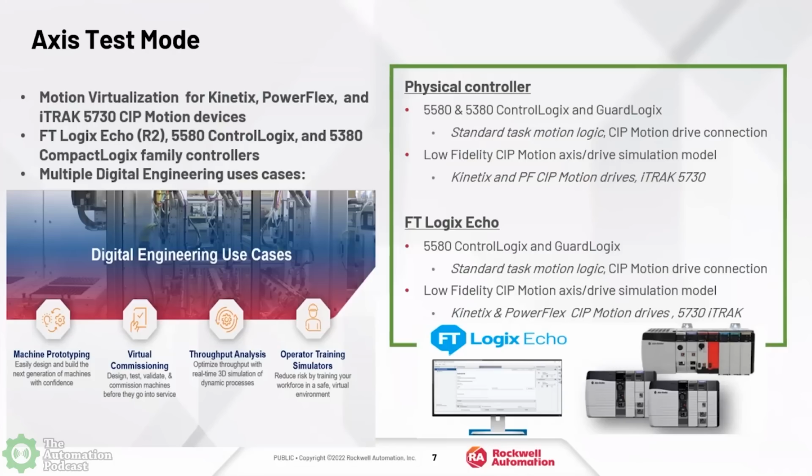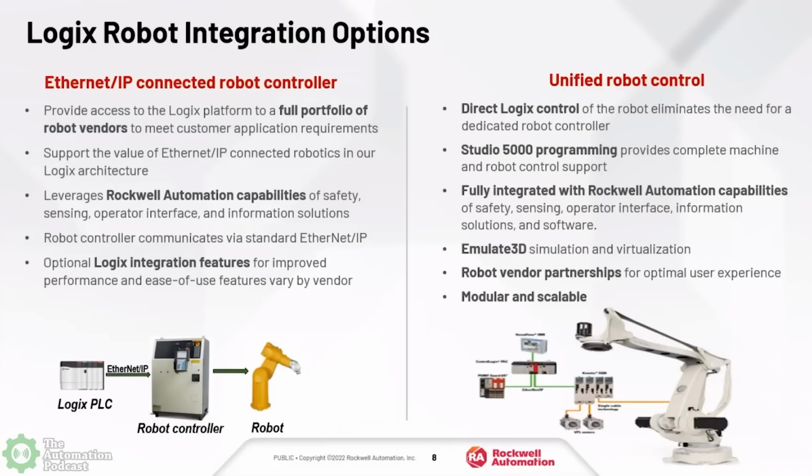So let's keep going with this motion theme, because ultimately this is a really big release. For motion, we're all familiar with your traditional EtherNet/IP connected robot control. What I would really like to highlight here in this slide is the support for unified robotic controls.